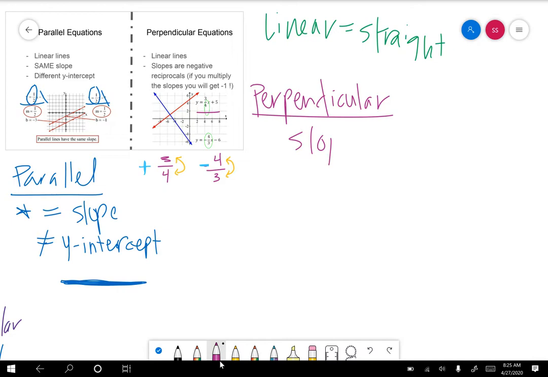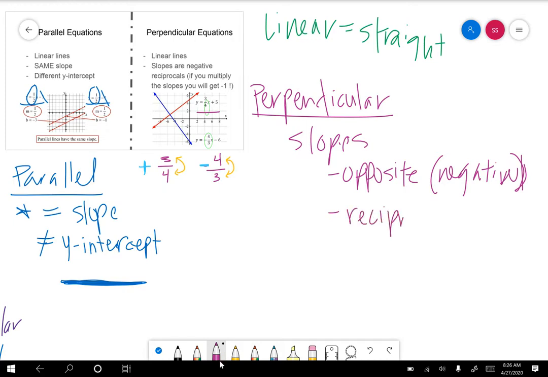So their slopes are opposite. By opposite, I mean their sign, so positive and negative. So it's going to be a negative and reciprocal. Now, what I mean by negative there, I don't mean that it's always going to be negative.